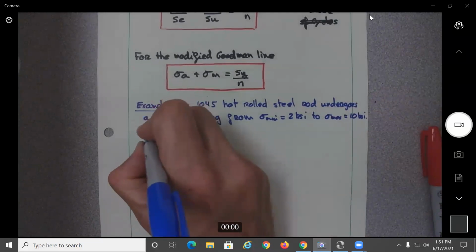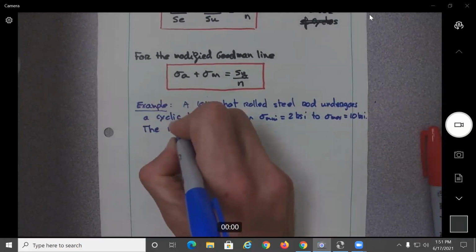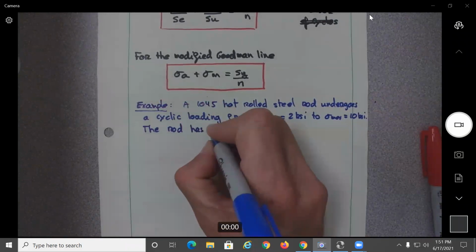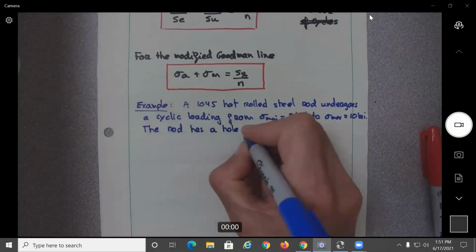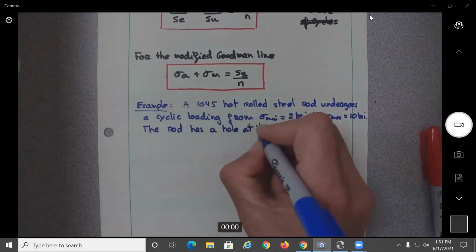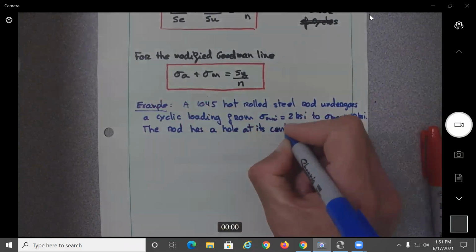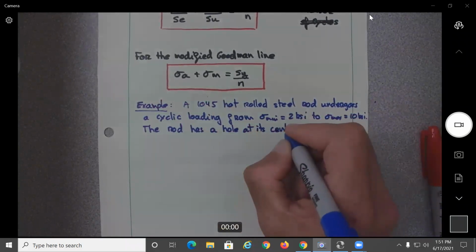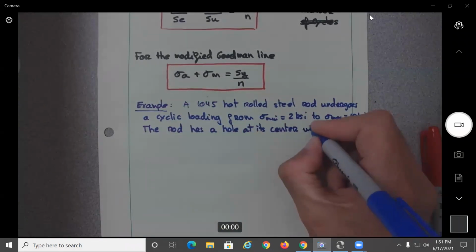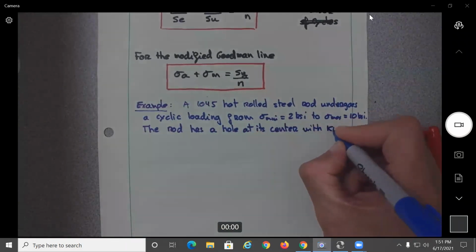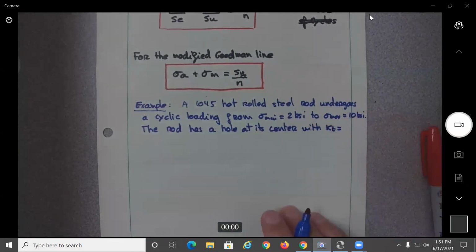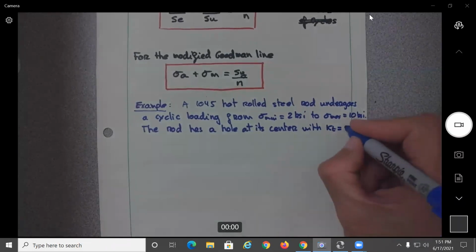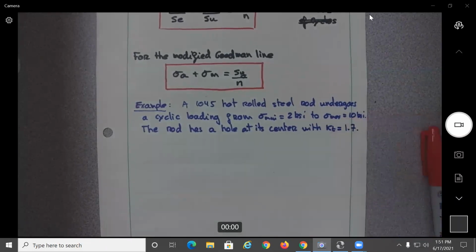The rod has a hole at its center with a stress concentration factor K sub T equal to 1.7.